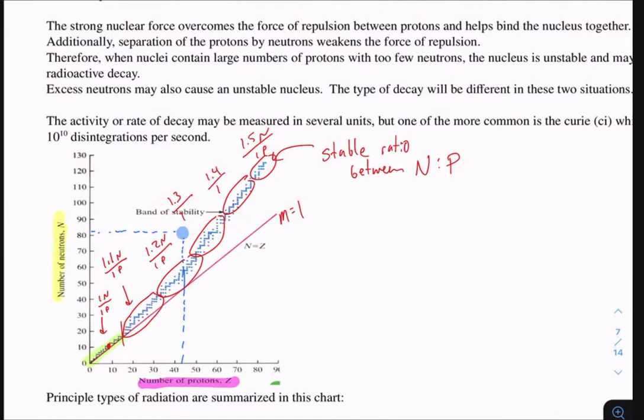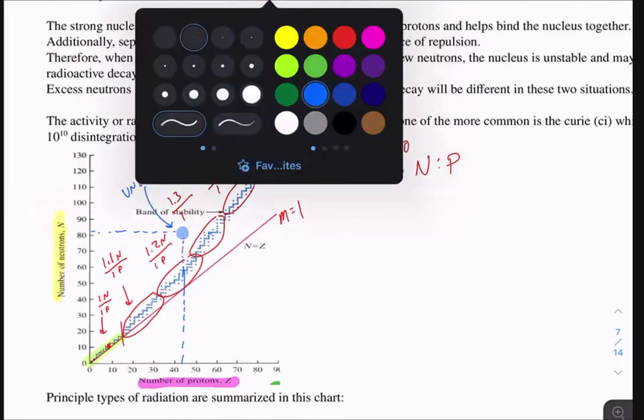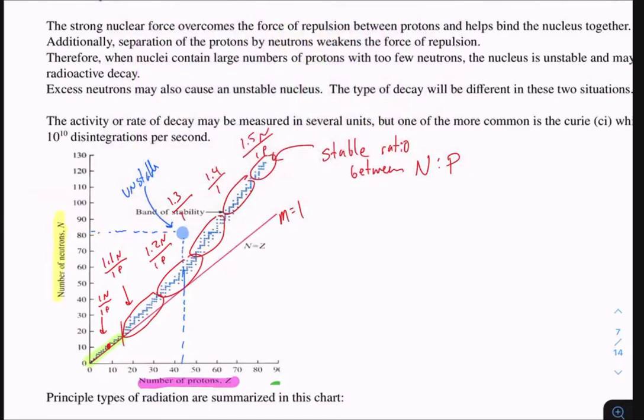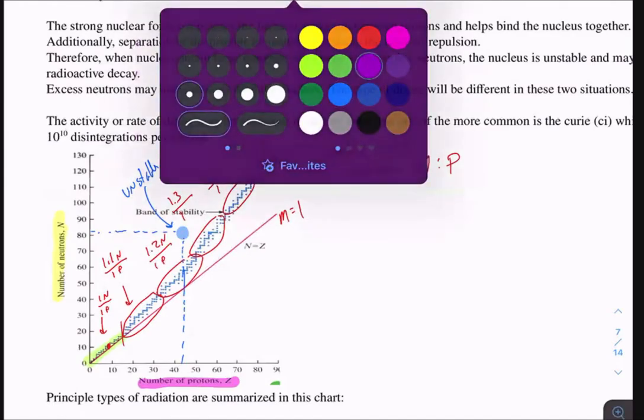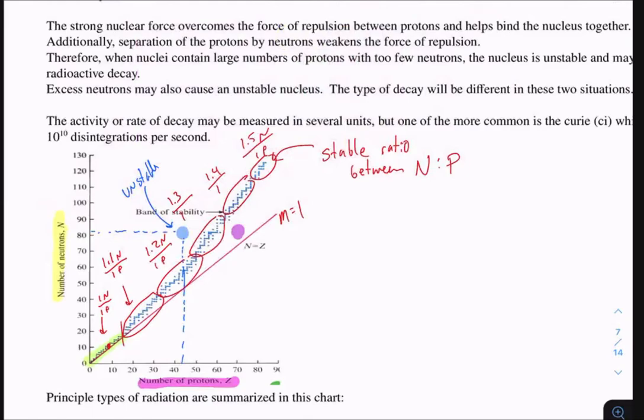And that's actually going to be destabilizing. So if it is off of the main band, it is unstable. What if it is below the band? Like here.